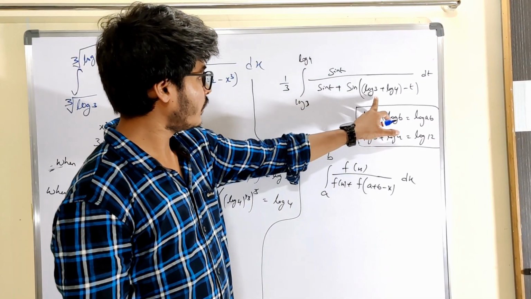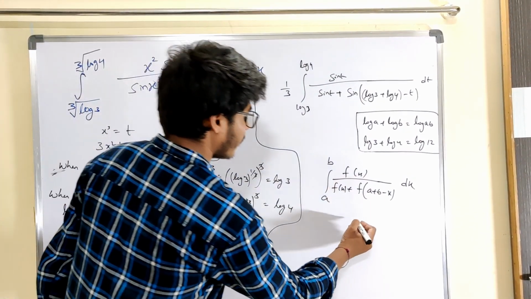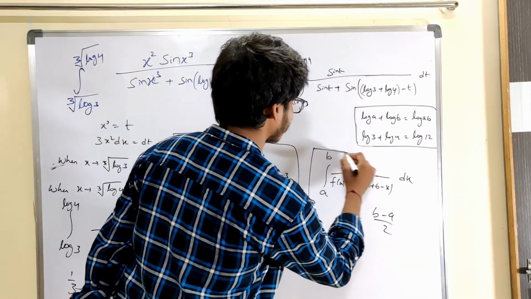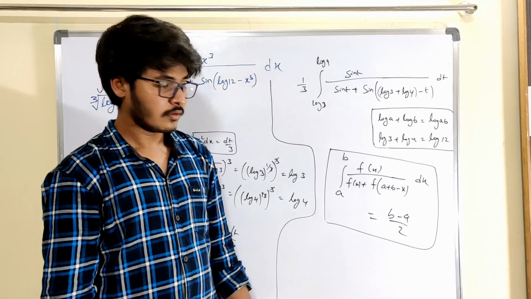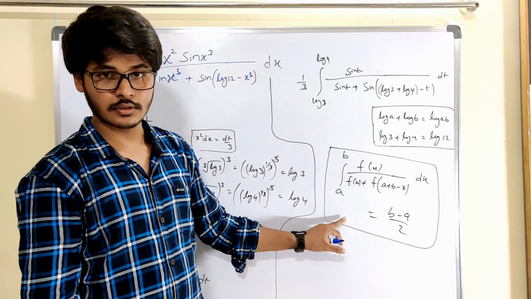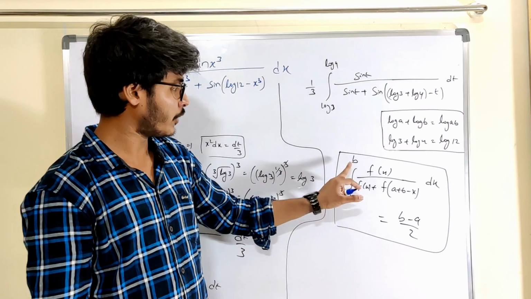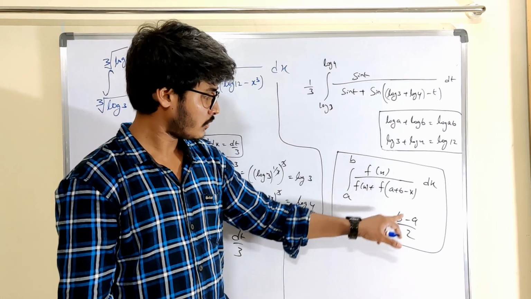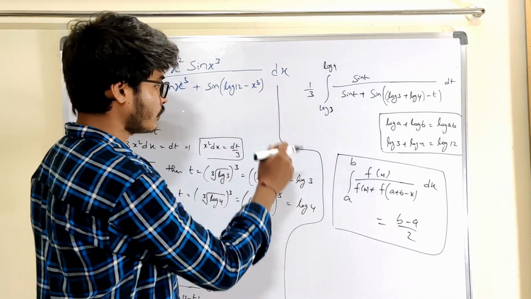So this can be written as (b minus a) by 2 directly. So this is the generalized solution, nothing but a shortcut. So when the integral is in the form of integral over a to b of f of x by f of x plus f of (a plus b minus x) dx, then it can be written as (b minus a) by 2 directly.